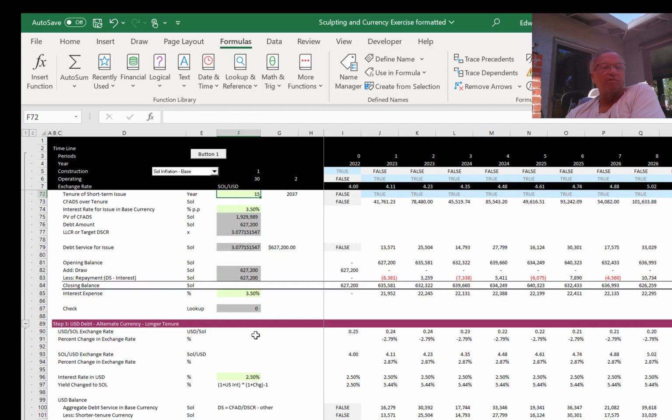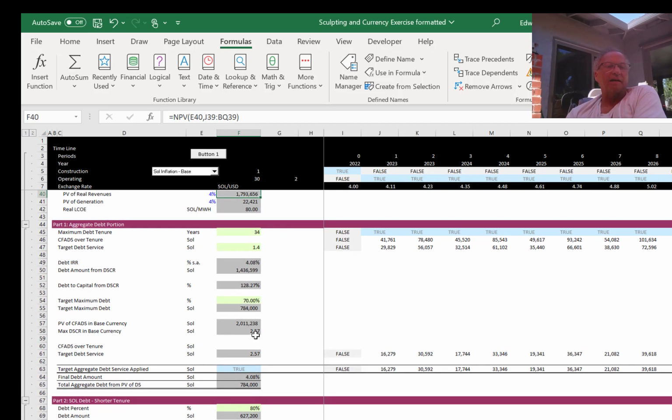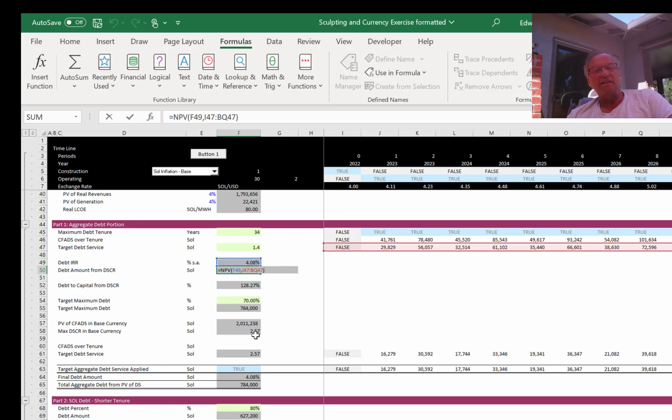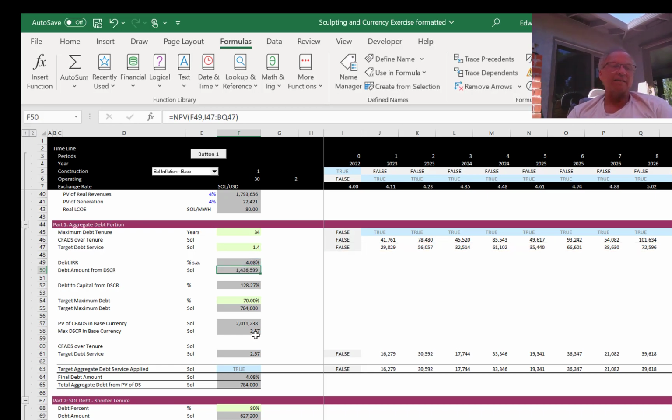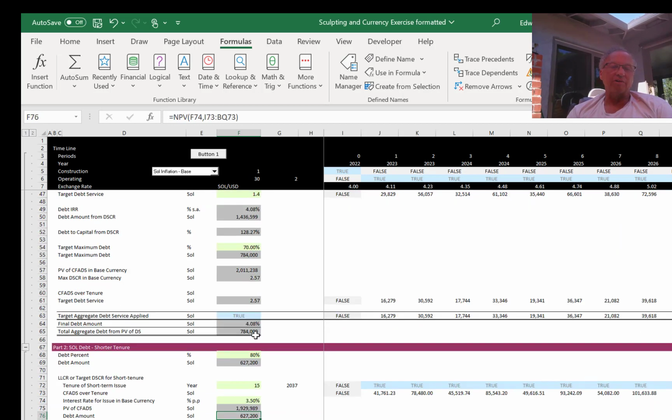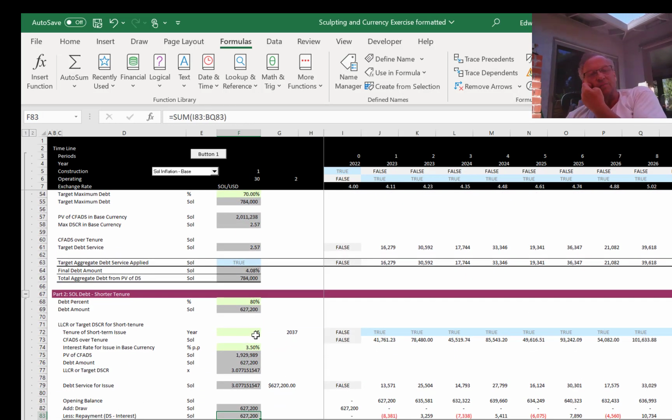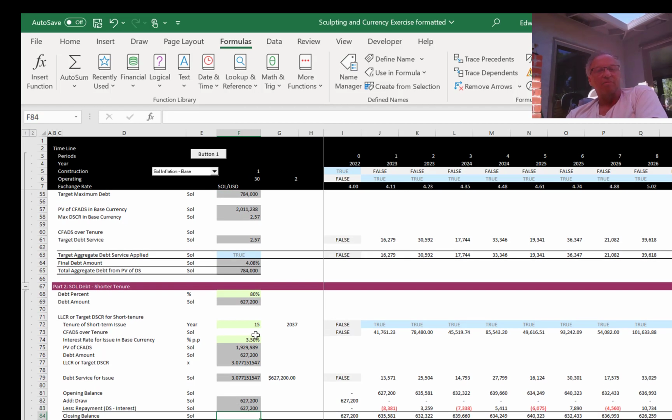And if we go and review what happened now, we had in part one, we needed this debt IRR way up here, way up here. That came from way downstairs. And we needed that to get the NPV of the debt. Then we figured out which kind of debt we're using, and I haven't done this with the other debt to capital method, although it would work. I'd have to lower the IRR a lot. I haven't bothered doing that.